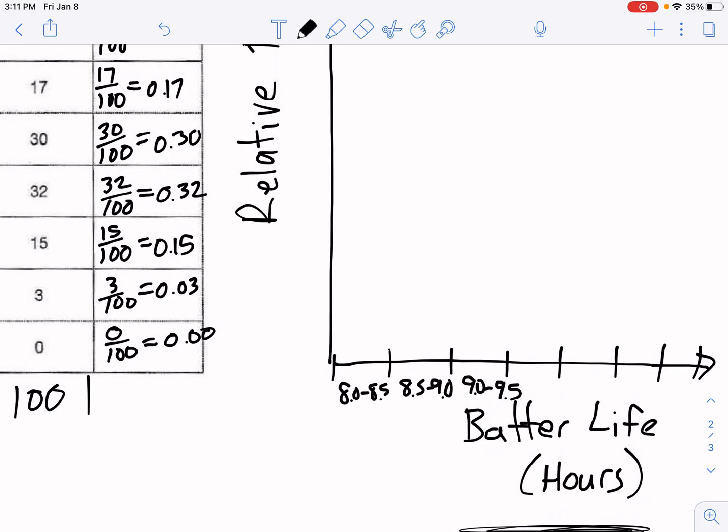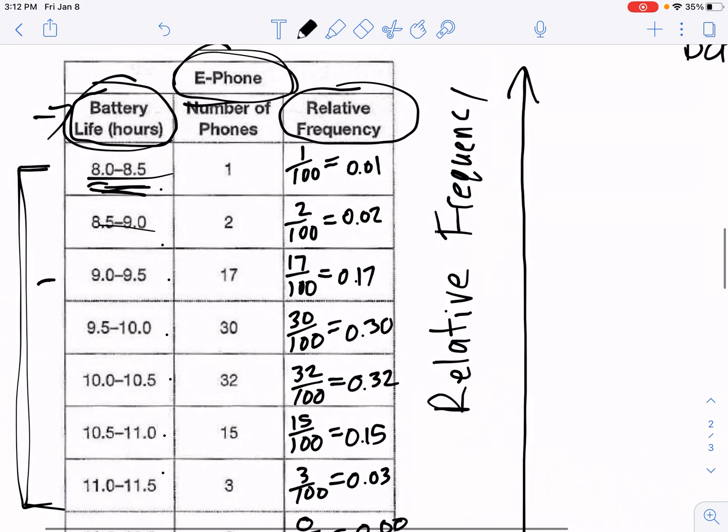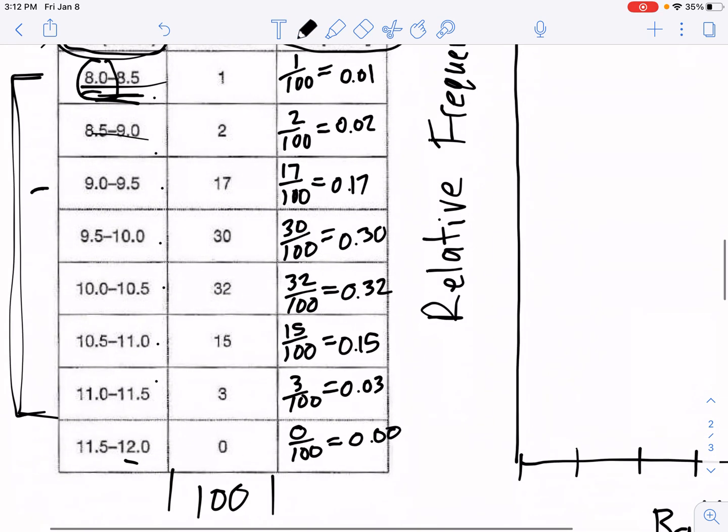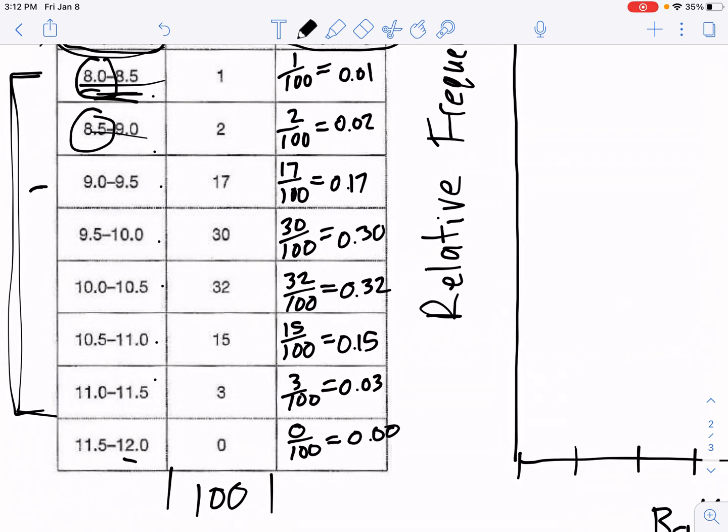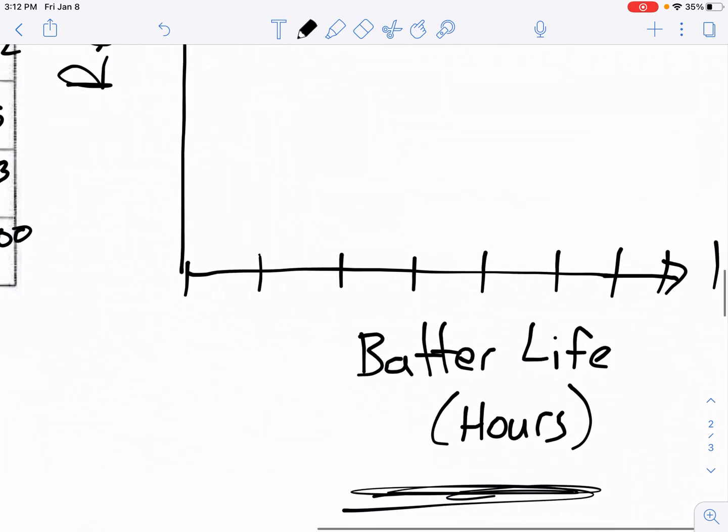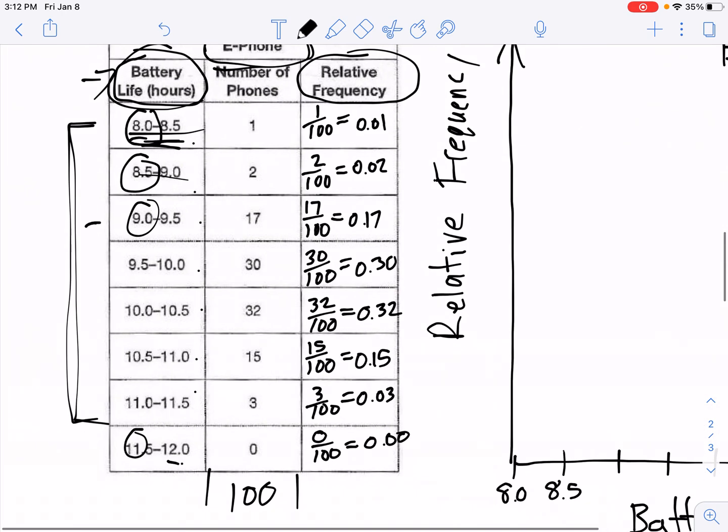Now, another approach we can take, let's say we didn't want to do that, is we can just start with this tick mark, and then the next one would be this one, and so on, all the way till we get to 12. So we could label it as 8.0, and then 8.5, that's the next one, just going off of our chart here.